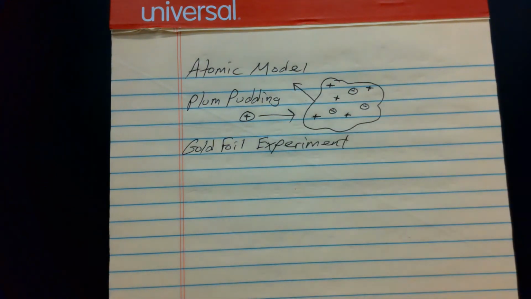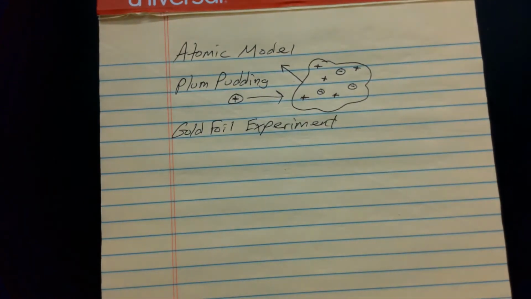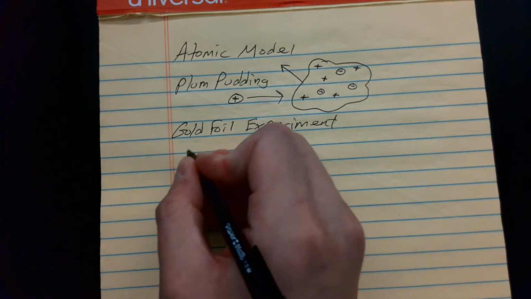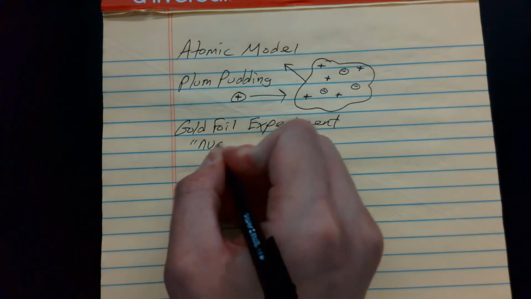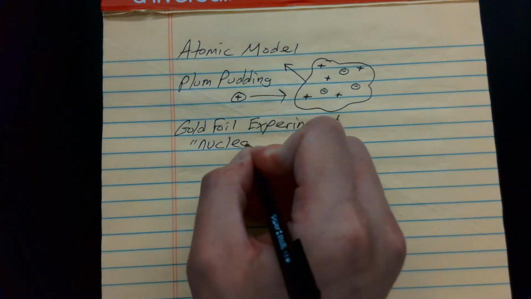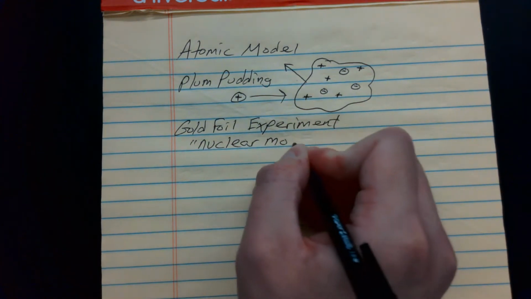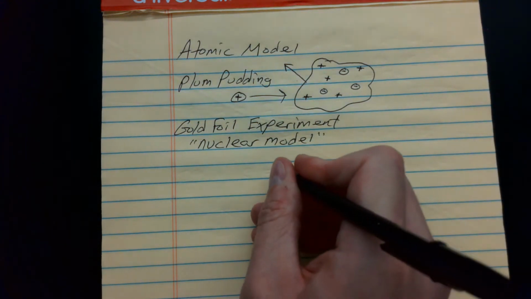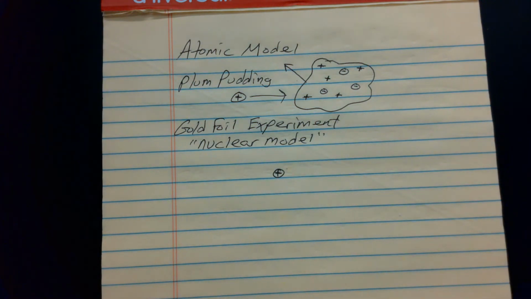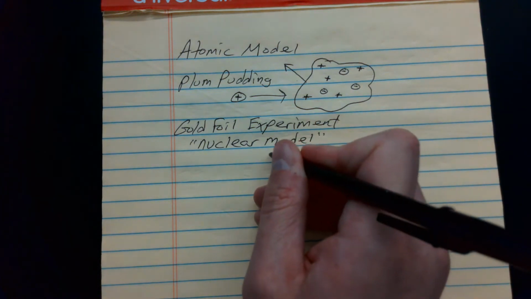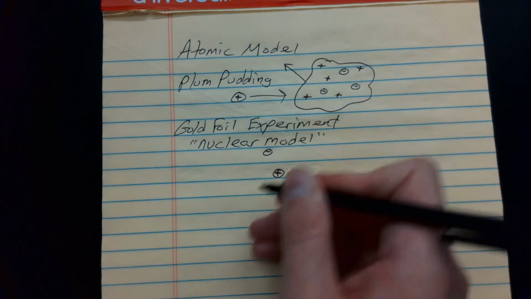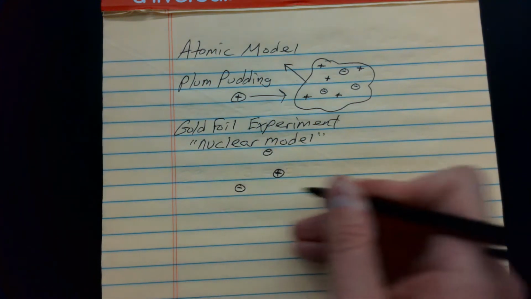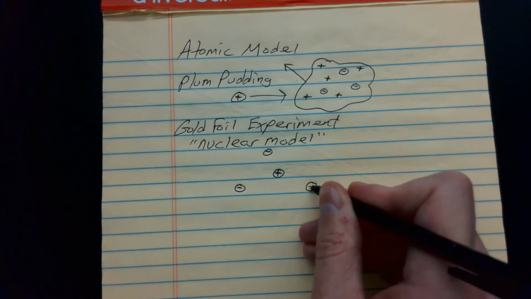So what that allowed him to deduce is what we kind of call the nuclear model, meaning that there is a nucleus, a very dense, positively charged core, and the electrons are just kind of around the outside, and most of the atom is empty space.